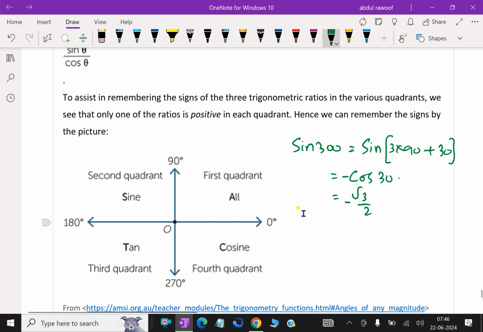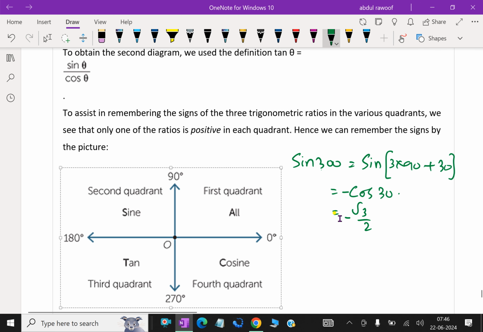Now, like this for other functions also.